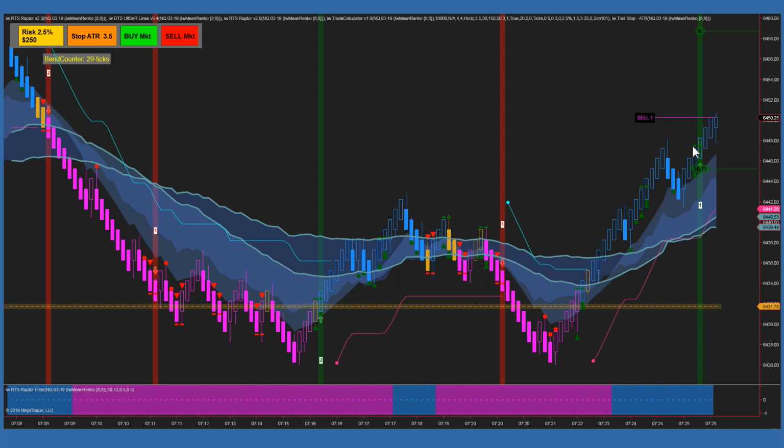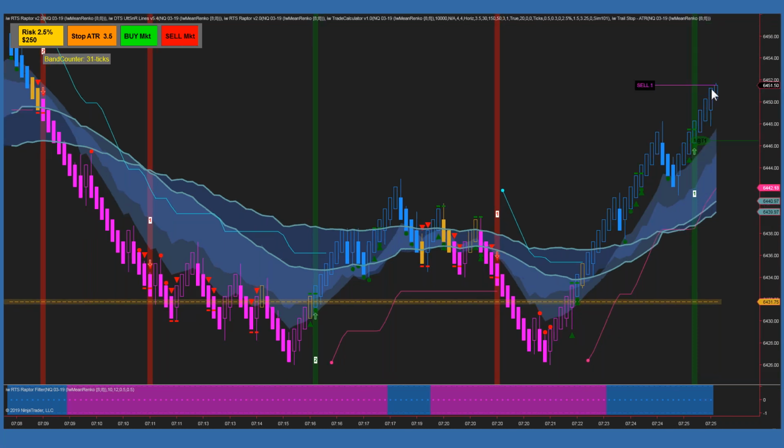So here was the entry. It looks like they're going to sneak up here 2.5 points, find my profit objective. But if this is a new trend emerging, there should be a little bit of a pullback through here.